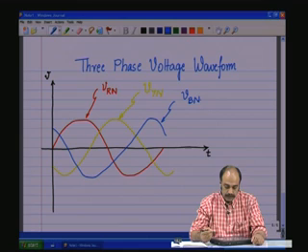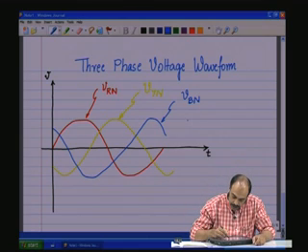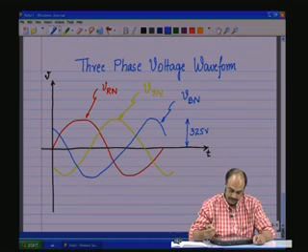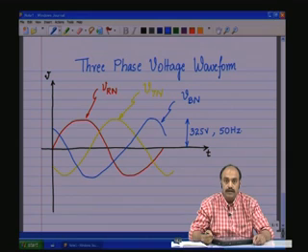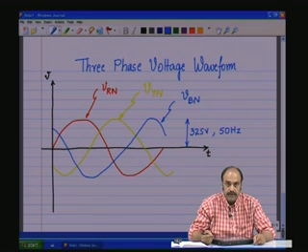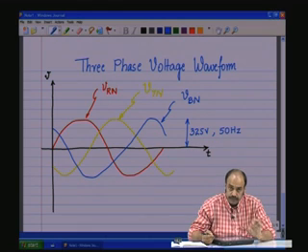So, these are the 3 phase waveforms, with frequency 50 hertz. Each of the phases, that is the VRN, is 325 volts 50 hertz, VYN is 325 volts 50 hertz.